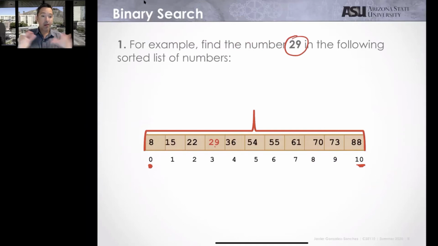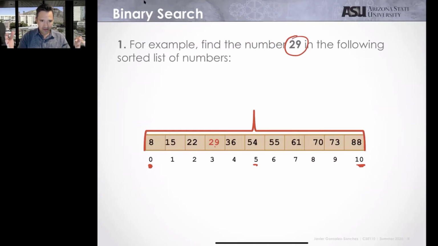Good. I need to find the middle point. The middle point is this 5. And I'm sure that you are thinking, well, if you have 11 elements, the middle point is 5.5. Yes, but we're working with arrays and we cannot work with decimal numbers.